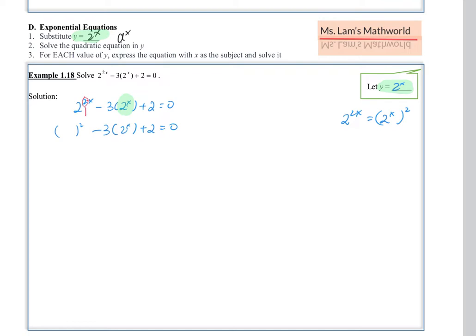So the 2 makes it to be the square, and then put 2 to the power x inside. So right now, you can substitute y is equal to 2 to the power x. You can say let, or you can say substitute. Both of them are fine. Then we will get y squared minus 3y plus 2 is equal to 0. So we solve them as usual.